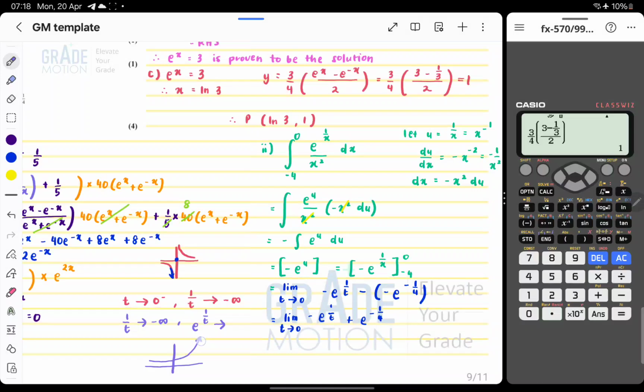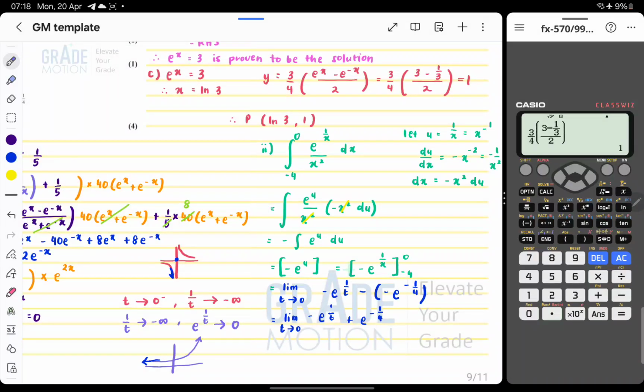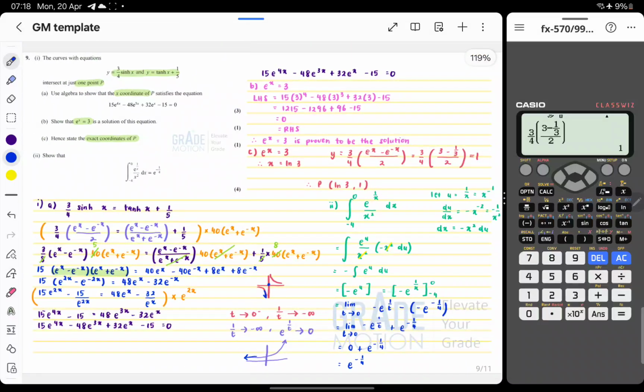The exponential function looks like this. But now we want to approach negative infinity, so it will get closer and closer to 0. So this one would be 0. Now we can conclude that this is 0 plus e to the power of negative 1 over 4. Therefore, this is equal to e to the power of negative 1 over 4. We are done with this question.